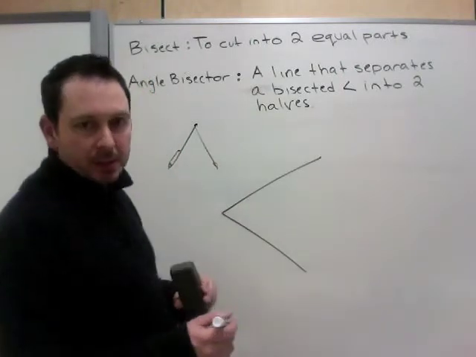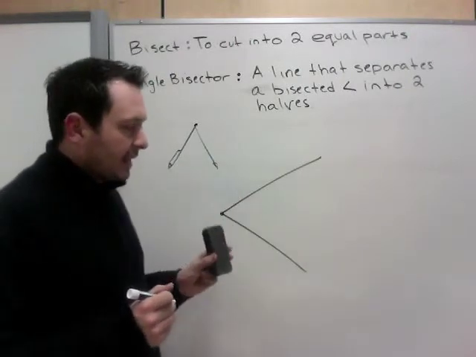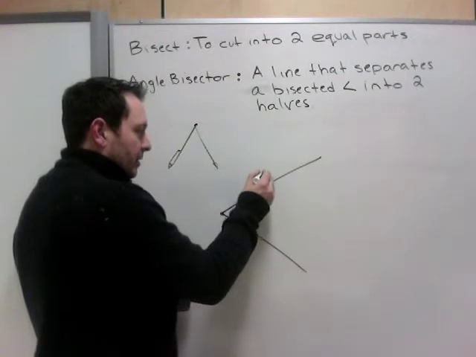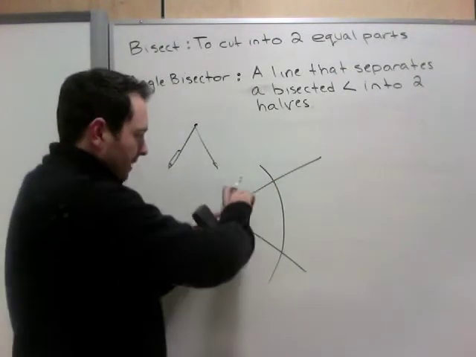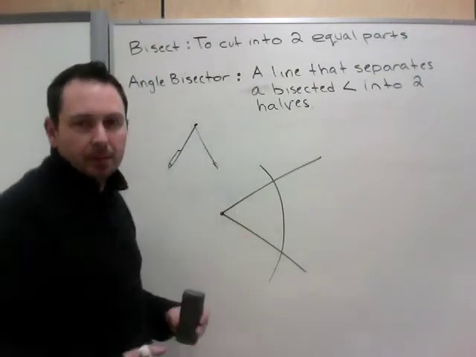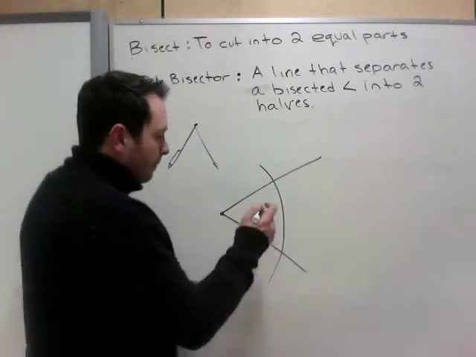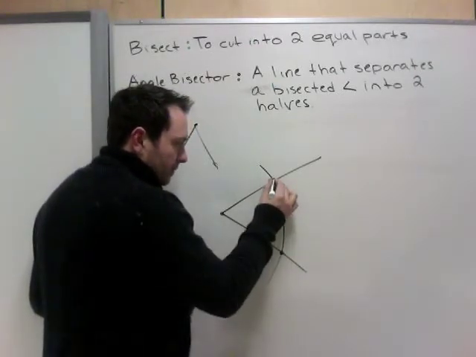If I take my compass and I put my point here, I can bisect this using a compass. Imagine this was me drawing a circle with my compass. Wherever it hit my lines, I take those two points.